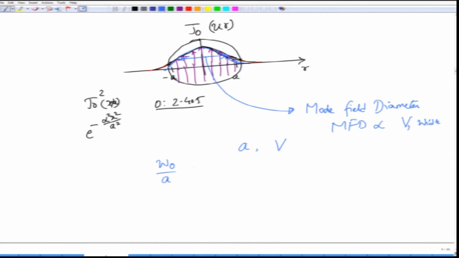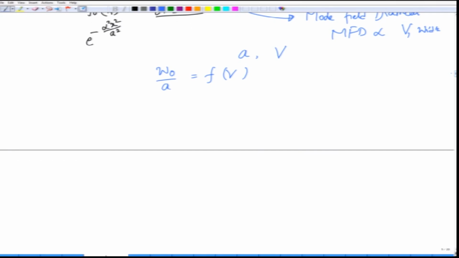So, W0 by a is some function of V and some fitting parameters. This is not theory, there are just fitting parameters that are obtained from experimentally measuring the mode field. Okay. So, this is what the lowest order mode and its mode field diameter is.